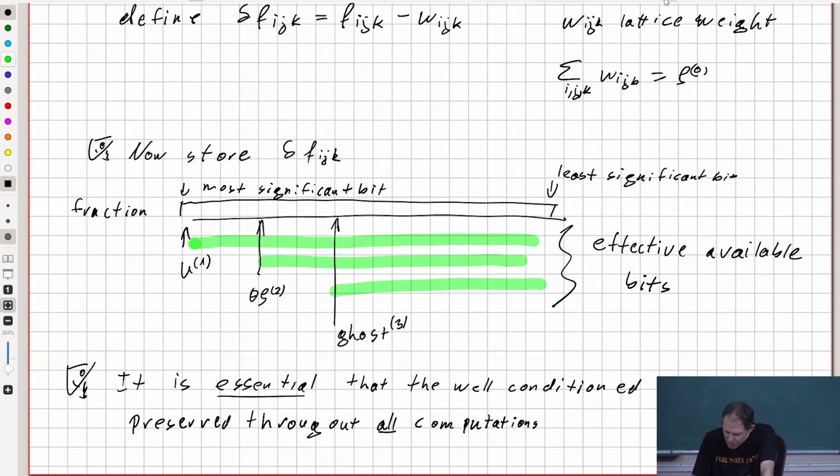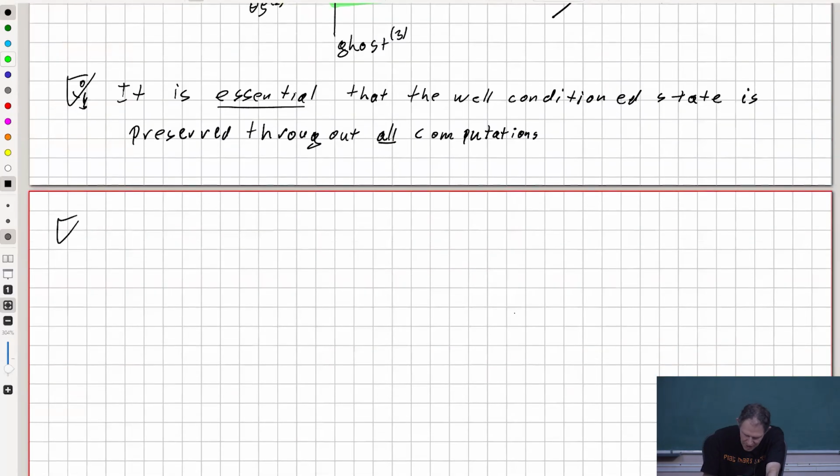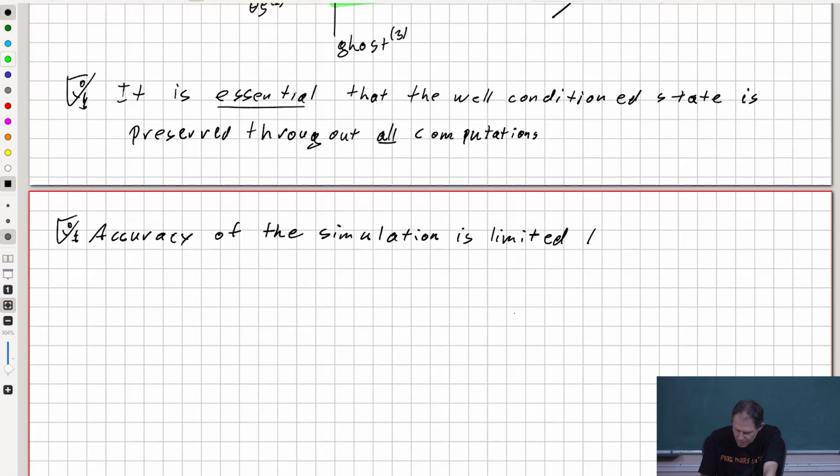Okay, so this is something that you really have to keep in mind, that the accuracy of the simulation is limited by the operation with the least accuracy, because they are in a chain.